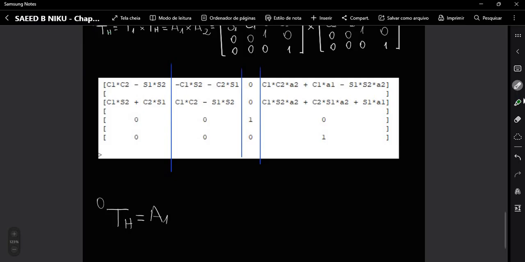So this is equal to A1 times A2, and this is equal to this whole matrix.